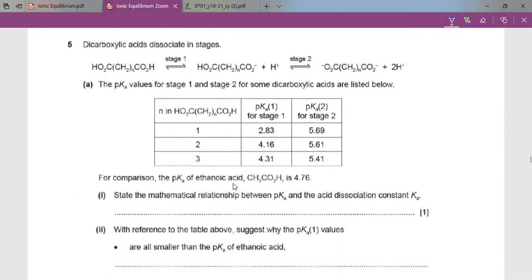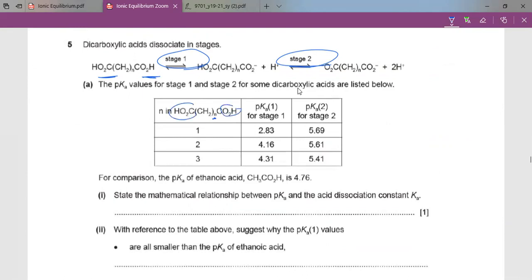Now here again, see 2 stages. It's quite common to give a dicarboxylic acid. 2 Kas, Ka1, Ka2. Not only that, they say as n increases, that means the groups are further apart. That means the effect of this one on this one becomes less and less.